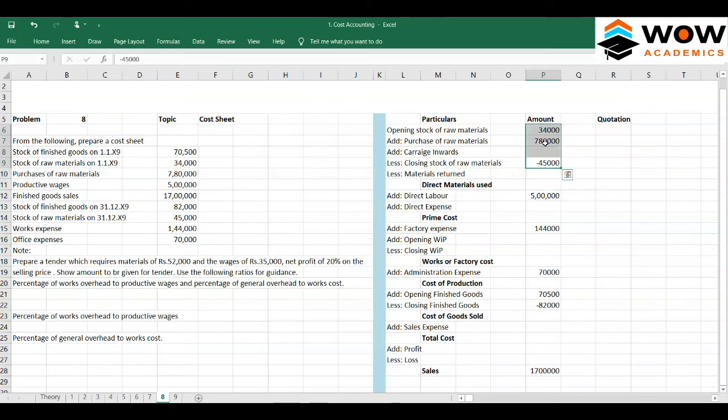So our direct material used comes to 7,69,000, and our prime cost comes to 12,69,000, and our works cost comes to 14,13,000. Cost of production comes to 14,73,000.